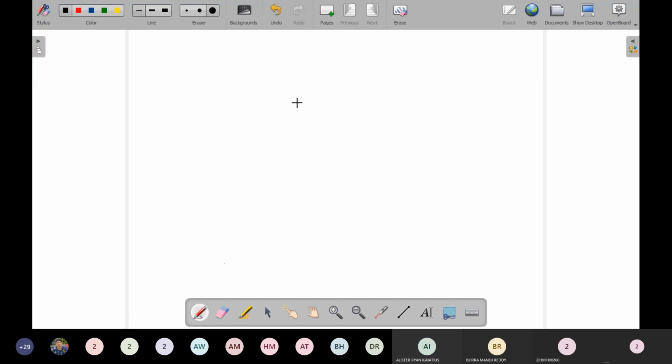Okay, so what we are explaining here is the binary eutectic phase diagram. So let me write here: binary eutectic phase diagram. So here we are discussing the binary eutectic phase diagram.